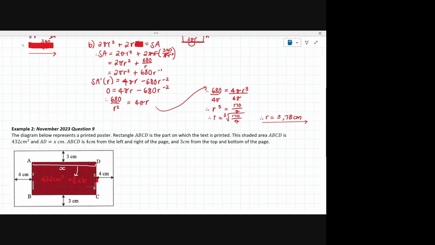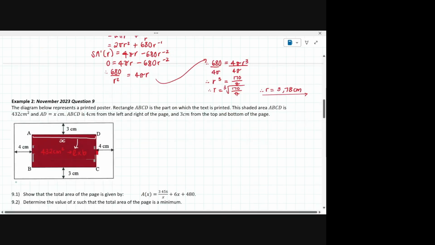The next thing that we were told was the edges around the rectangle. You can see it labeled. But what it does mean is that if you were to look at the whole page's length, from end to end, you would have the X in the middle, because remember, this length is X, and then you'd have the extra 4 centimeters on either side.